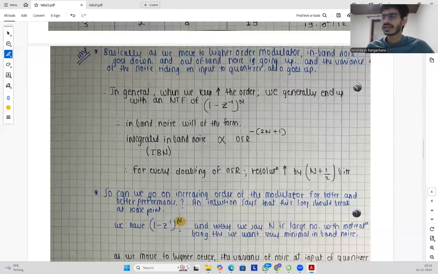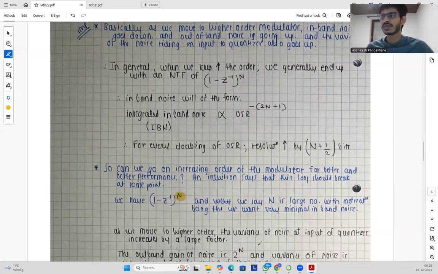Let's say we are going to higher and higher orders, so n is a large number, with the motivation being that we want very minimal in-band noise. As we move to higher order, the variance of the noise at the input of the quantizer increases by a very large factor, very drastically. We have seen it.